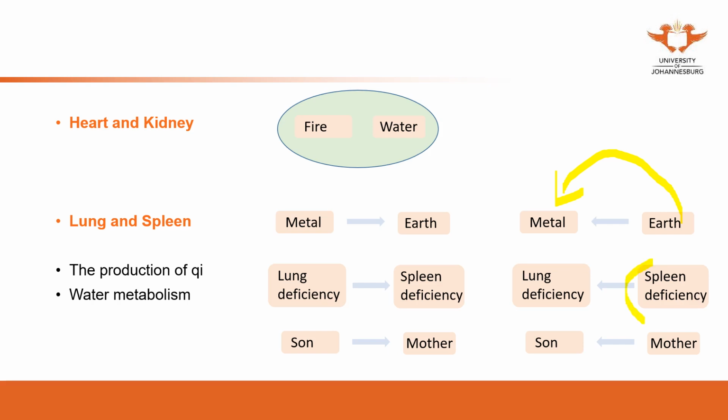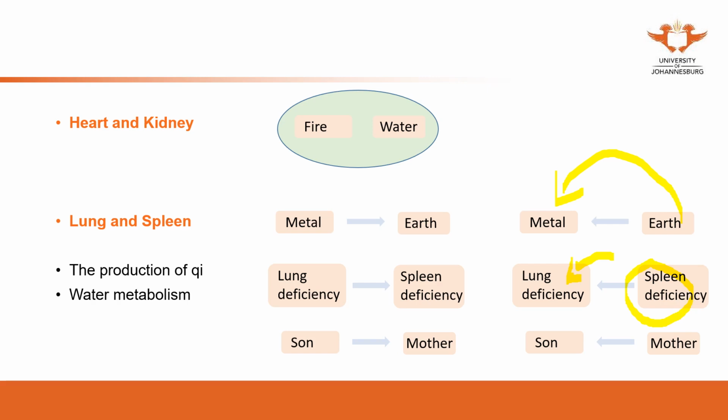Spleen deficiency will cause qi and blood deficiency, which can result in lung qi deficiency. In this condition, the patient will speak in a very low voice. That's because they don't have enough qi. Or sometimes they can suffer from cough.